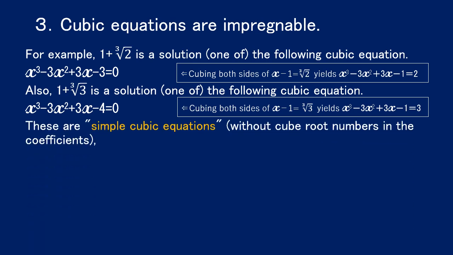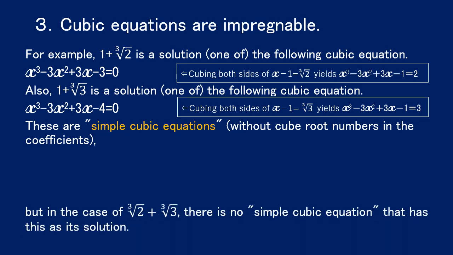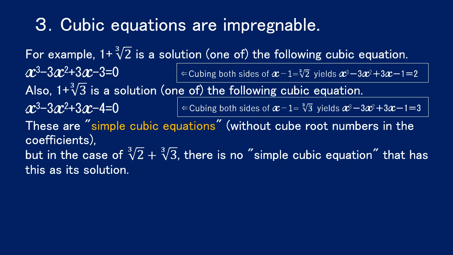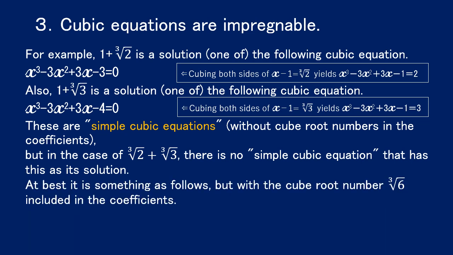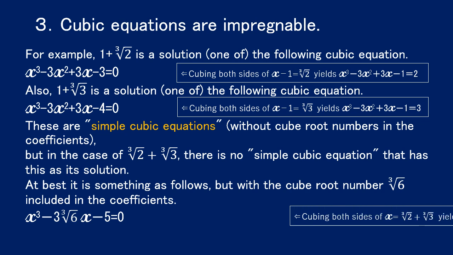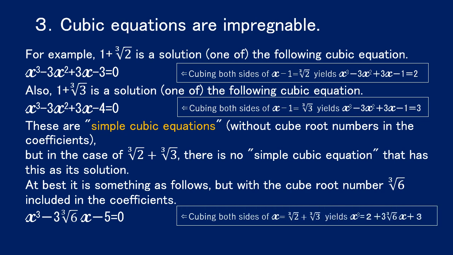These are simple cubic equations without cube roots in the coefficients, but in the case of the cube root of 2 plus the cube root of 3, there's no simple cubic equation that has this as its solution. At best it is something as follows, but with the cube root of 6 included in the coefficients: x cubed minus 3 times the cube root of 6 times x minus 5 equals 0.